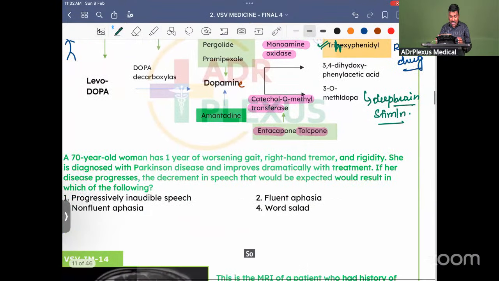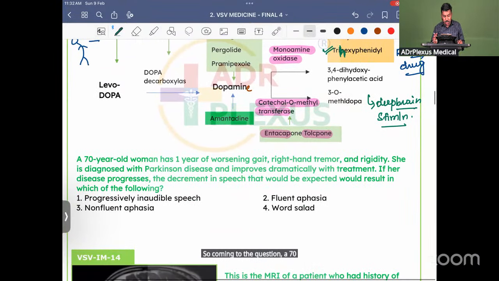So coming to the question, a 70-year-old female has 1 year of worsening gait, right-handed tremors, and rigidity. She is diagnosed with Parkinson's disease and improves dramatically with treatment. If her disease progresses, the decrement in speech that would be expected would result in which of the following?